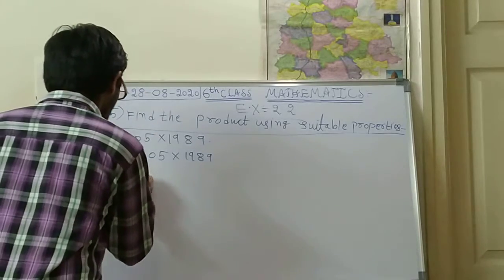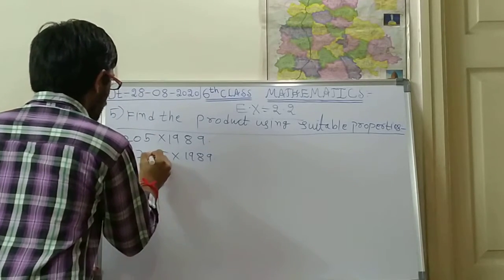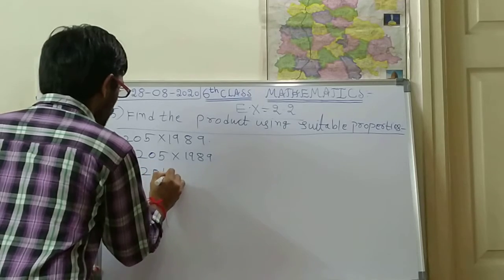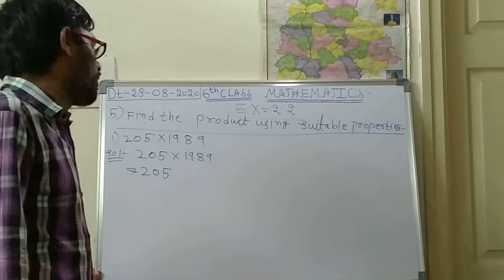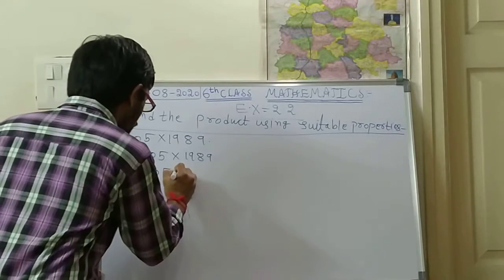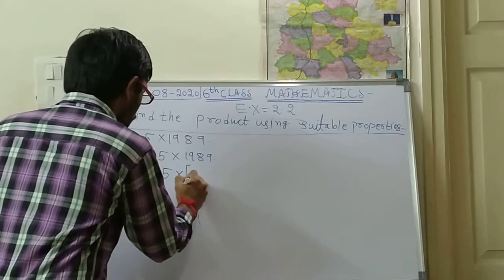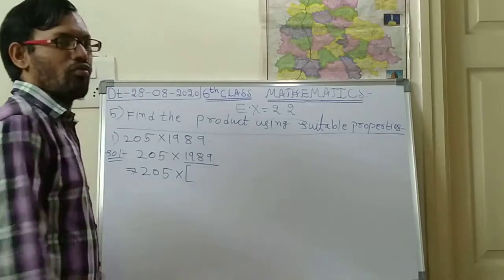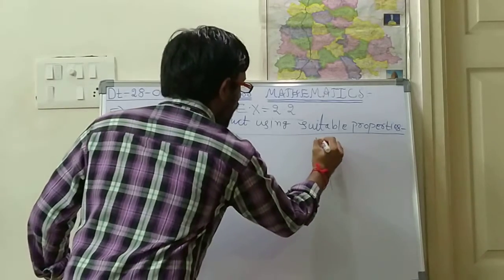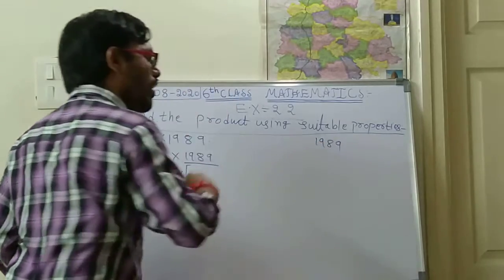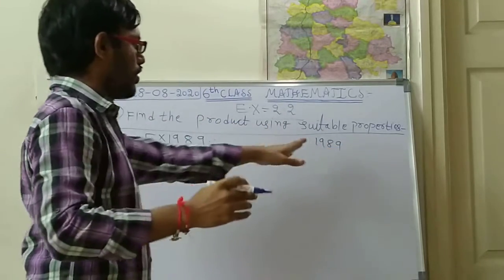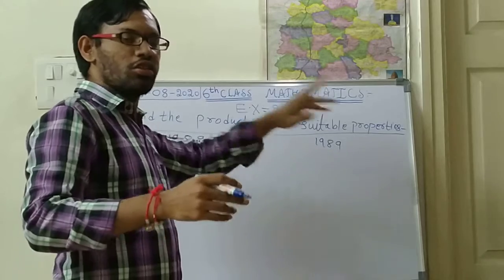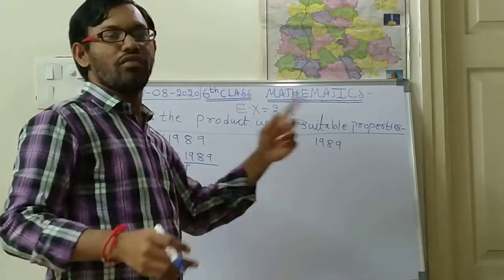Here, children, 205 need not be divided, because we should get one property. 1989 we can divide into an addition of two numbers.